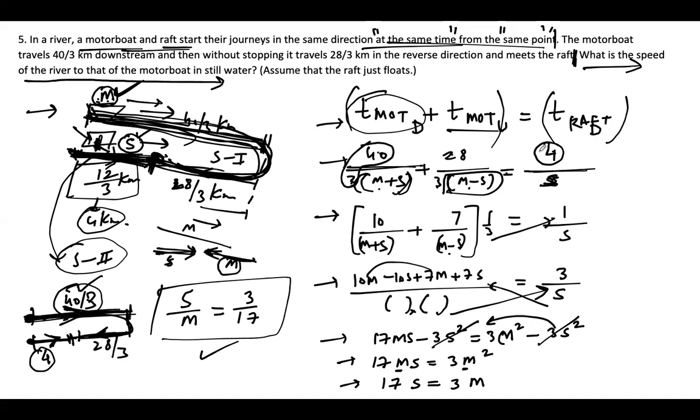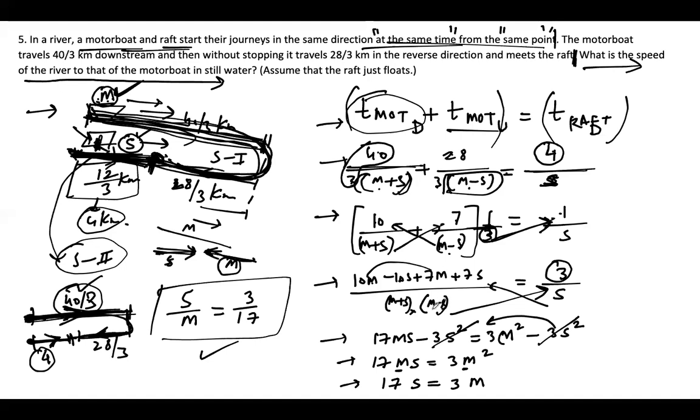Now I have simplified, dividing the equation by 4. So got 1, got 7, got 10. Took 3 common, got 1 by 3. Multiplied this 3, which was in the denominator, to the right hand side. Then I have cross multiplied m minus s, m plus s, gotten 10m minus 10s, and simplified. In the denominator, I got m plus s, m minus s.